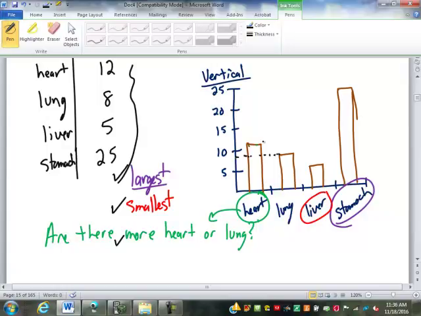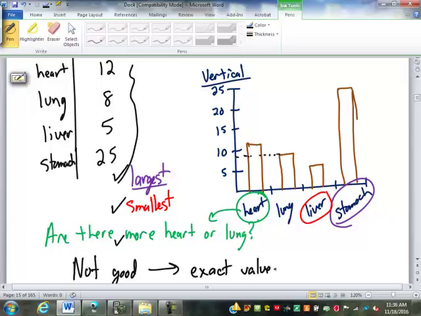Well, now if I trace it over, is it 800? Is it 810? 805? Getting an exact value off a graph is difficult to do. So graphs are not good for exact values. If I wanted to know the exact value for any condition, I would want to go to the table and read the number.